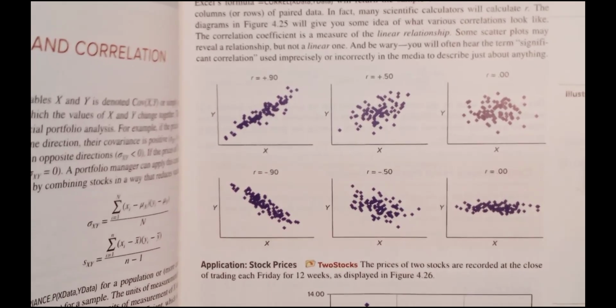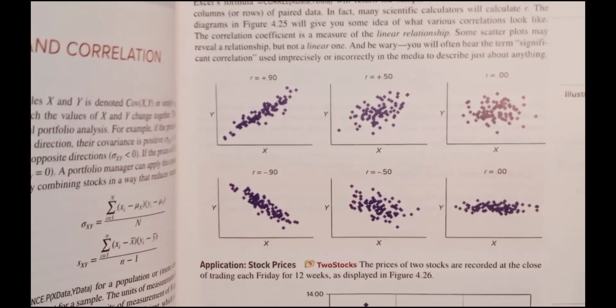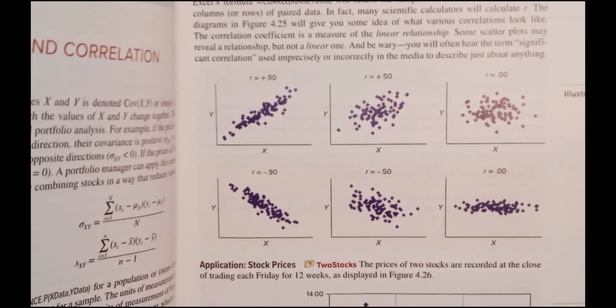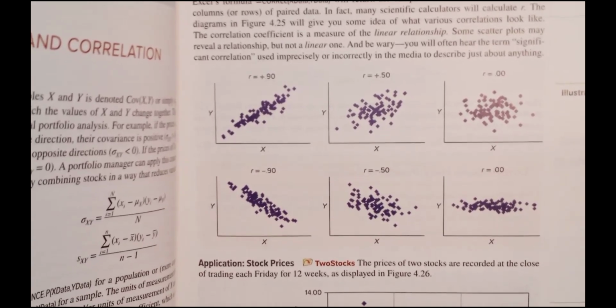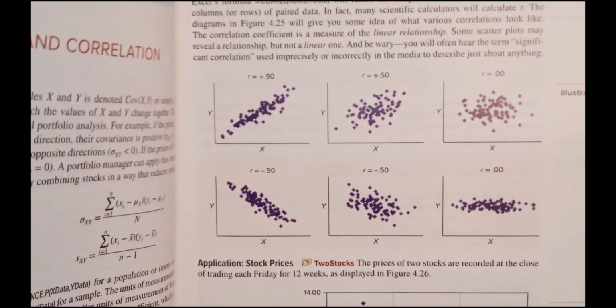But because they're made out of little dots, the little dots actually don't have a linear relationship, and correlation only measures straight line behavior. Questions?